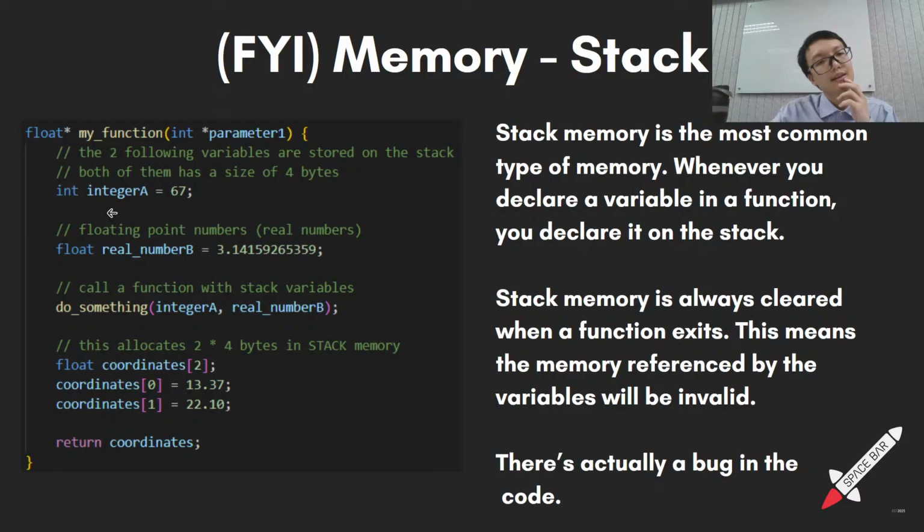So actually this piece of code has a bug in it. How does it have a bug? Well, as you can see, the variables are stored in the function, and when the function returns, the memory is essentially cleared.